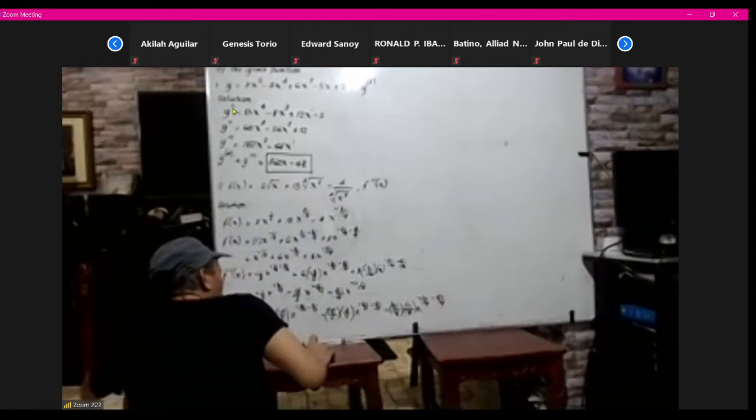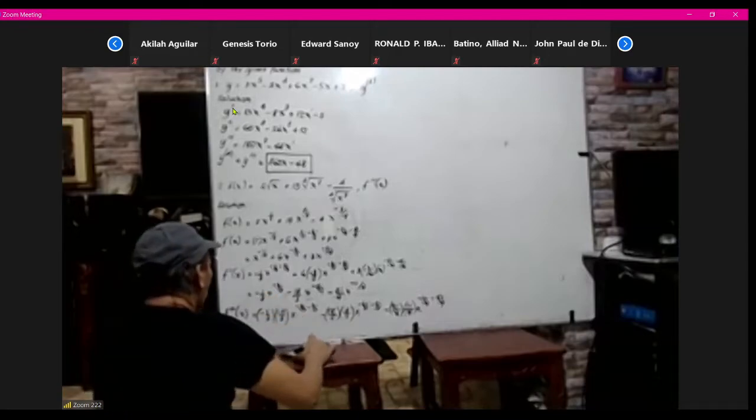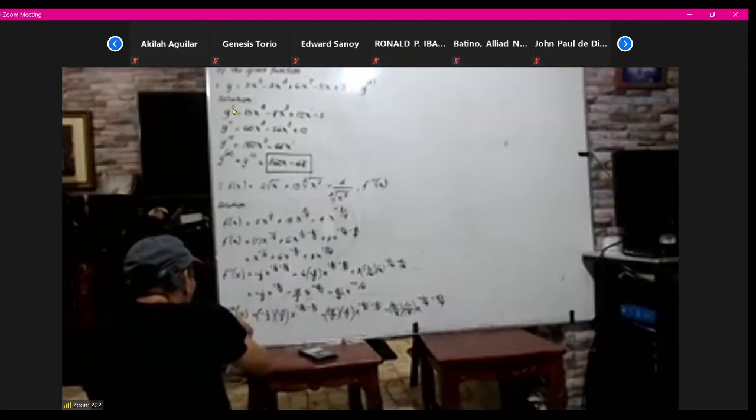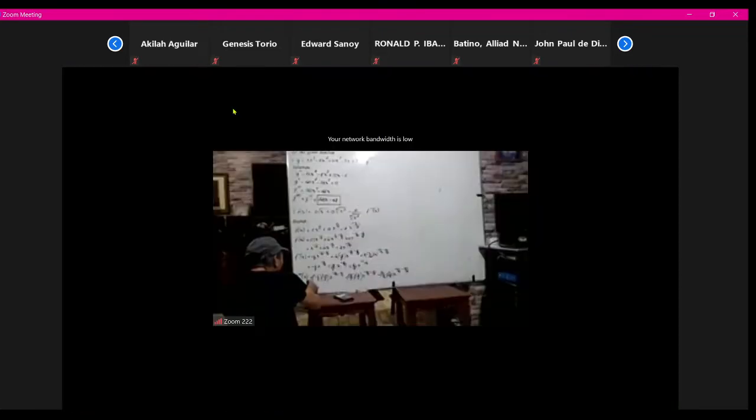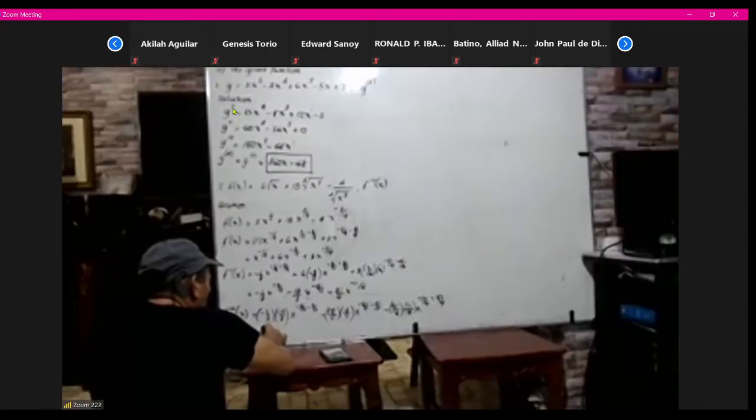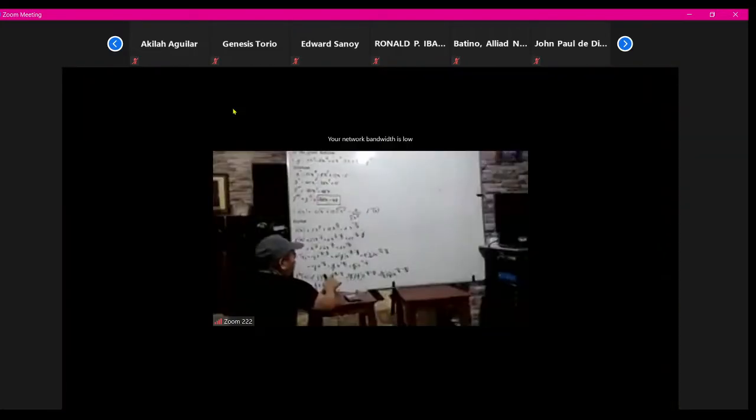So, simplifying this value, the third derivative of the function of x equals negative 1 times negative 3 halves, the answer is positive 3 over 4. Then x raised to negative 3 minus 2, negative 5 over 2.